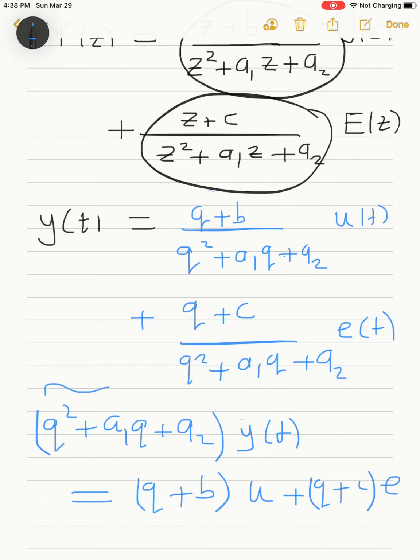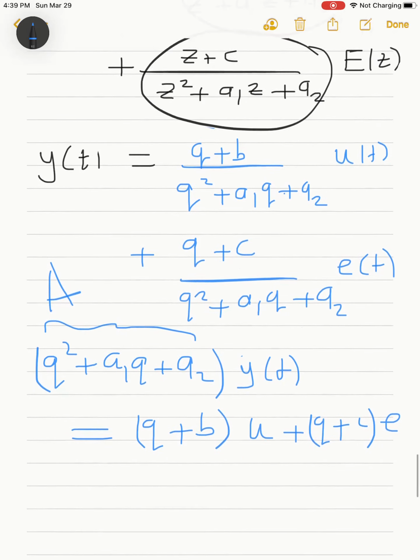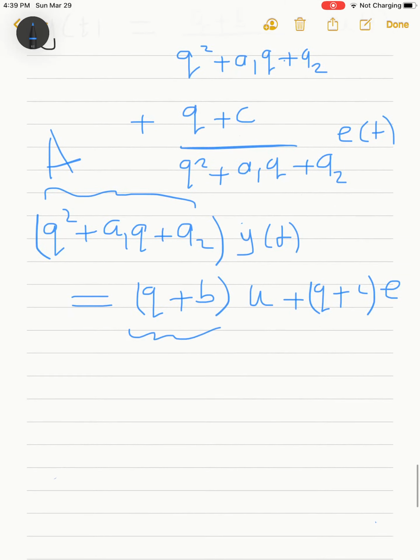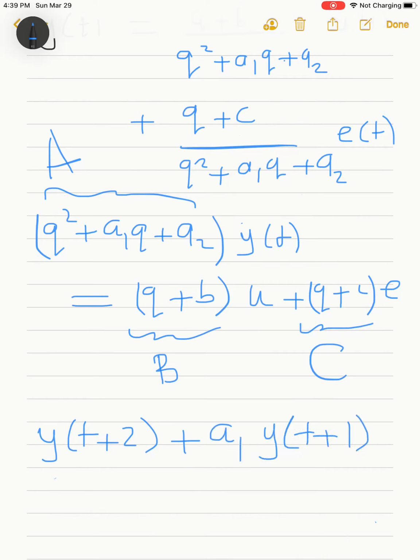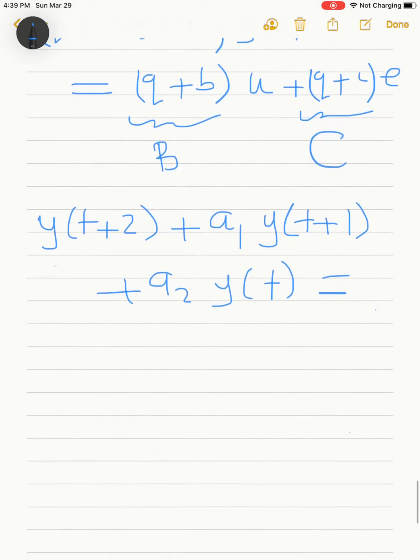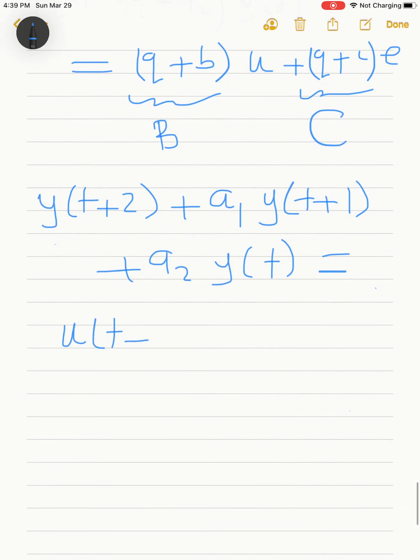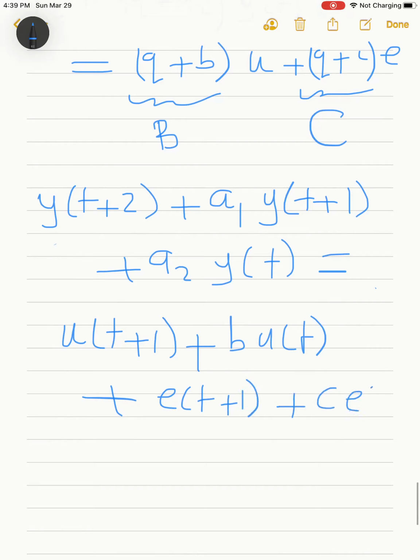So this is the polynomial A, this is the polynomial B, and this is the polynomial C. And if we like to get the difference equation for the given system, we can write then y of t plus 2 plus a1 y of t plus 1 plus a2 y of t equals u of t plus 1 plus b u of t plus e of t plus 1 plus c e of t.